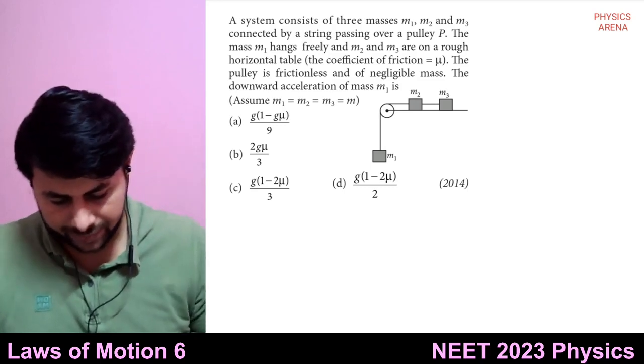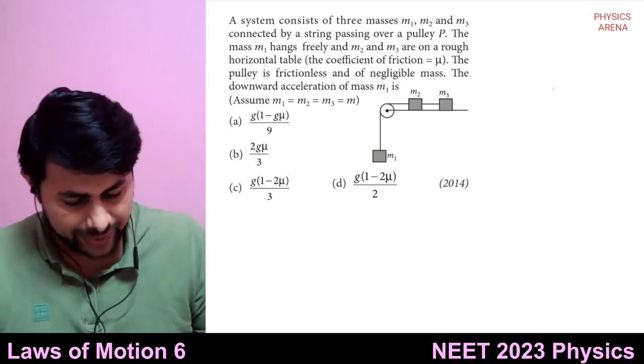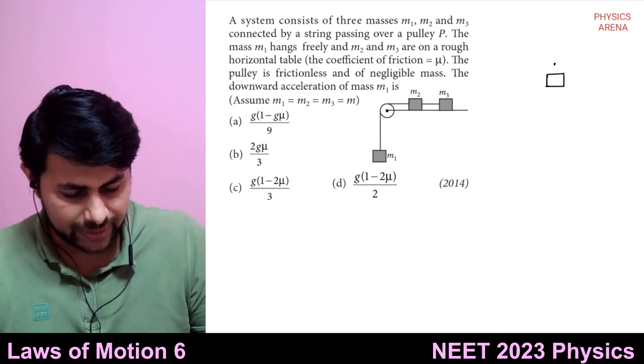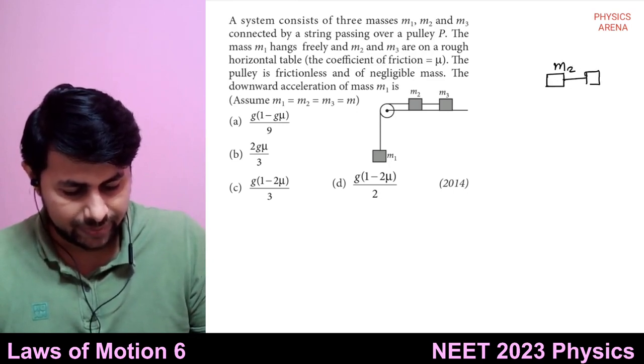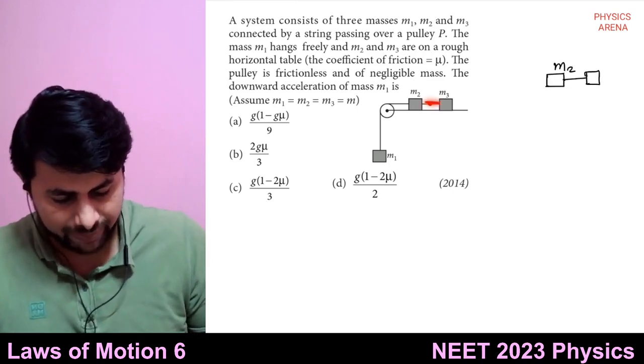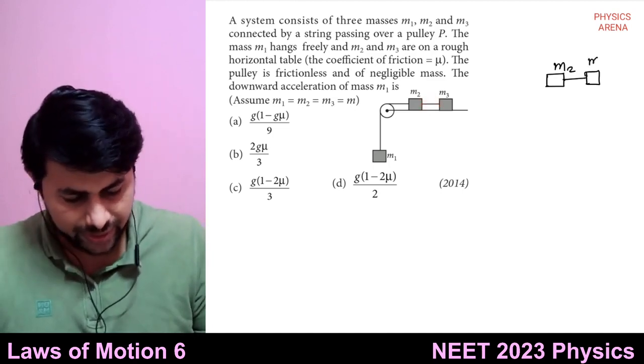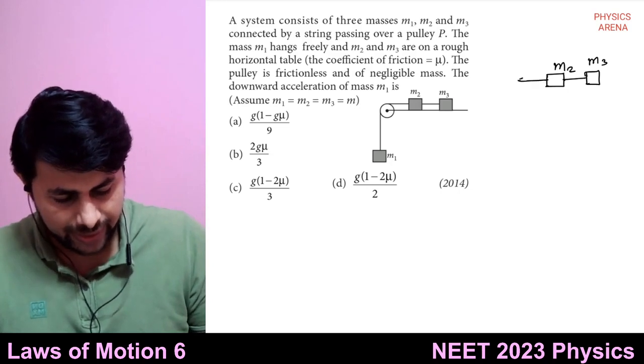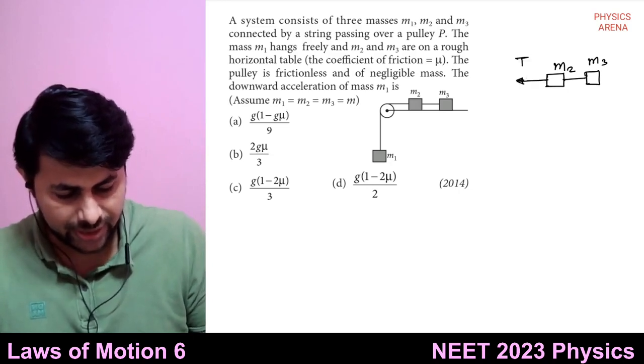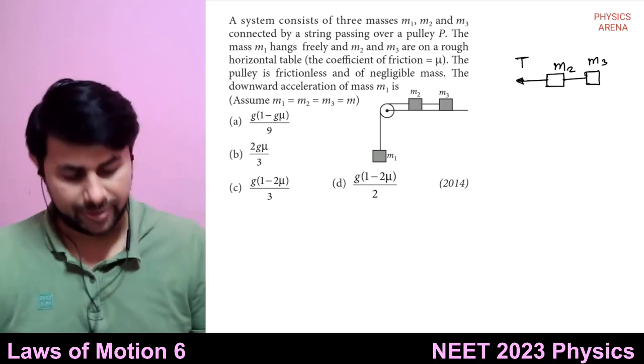All right. So we can bundle up these masses m2 and m3 because we don't care what happens in between these two masses, right? So m2 and m3 we are bundling up, and there is some tension in the string T acting towards left.